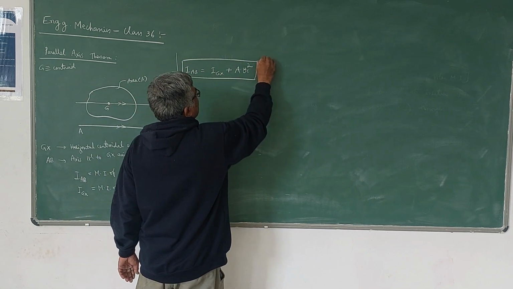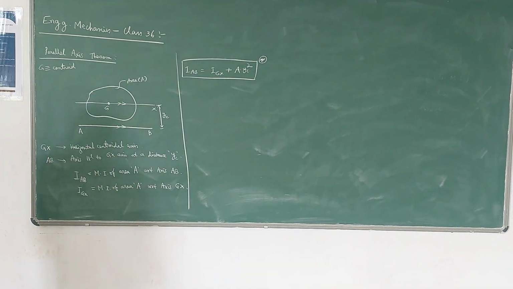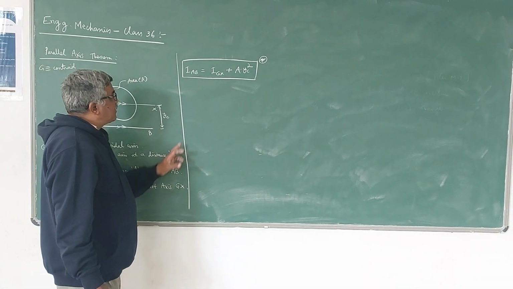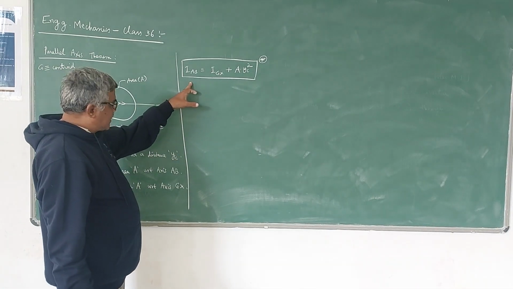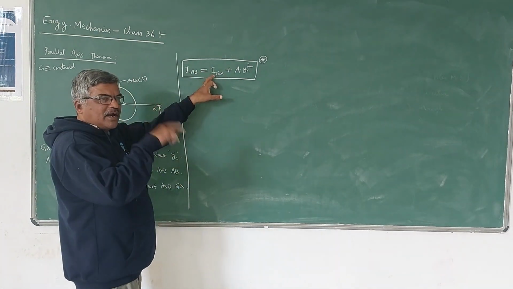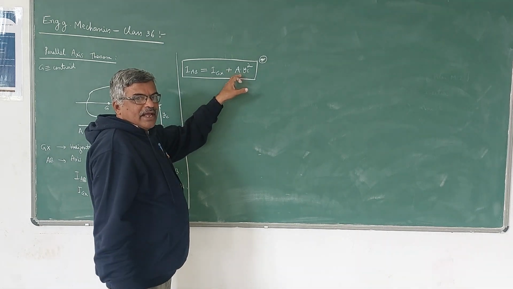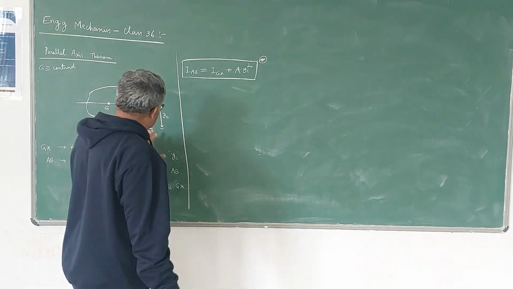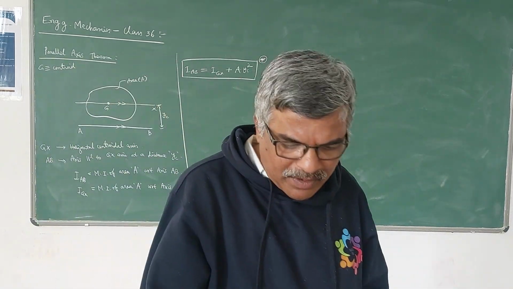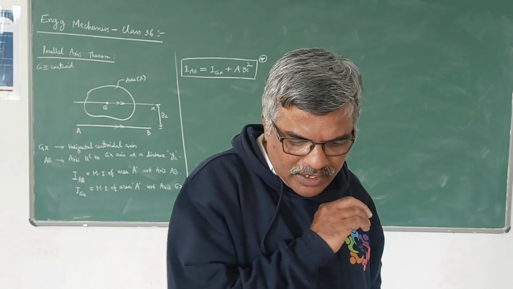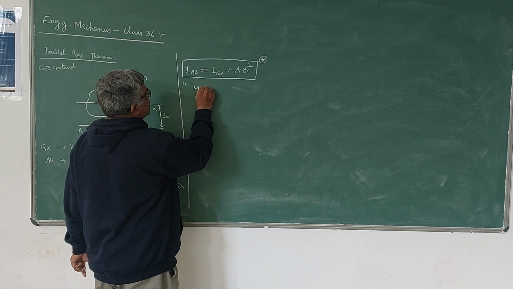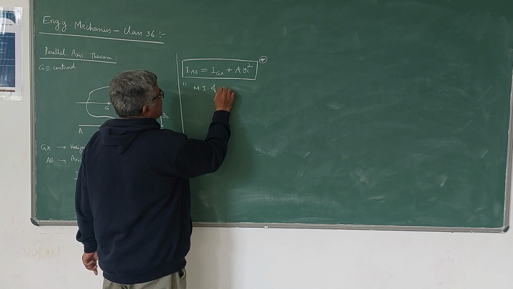Very important statement. IAB, the moment of inertia of any area with respect to an axis parallel to the centroidal axis, is equal to IGX, the moment of inertia of the area with respect to the centroidal axis, plus the area of that section multiplied by the square of the distance between the two axes. So the statement can be written like this: moment of inertia about any axis in the plane of an area.